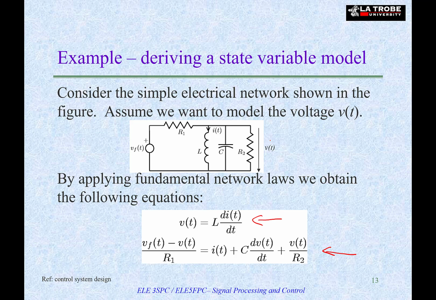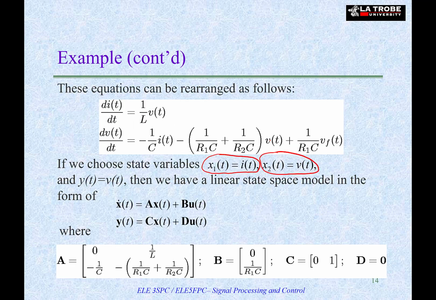And this v(t) is also the output. Once we have done that, we can rewrite the two differential equations we derived earlier into a state space representation. And this is shown by the matrices A, B, C, and D.